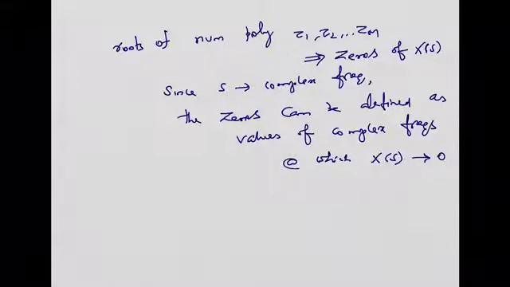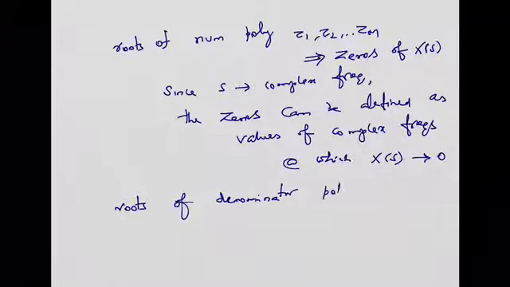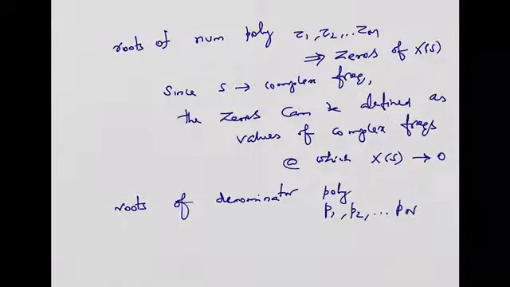So the roots of the denominator polynomial, what are they? p1, p2, p3, p4, pn are called poles. Poles of X of s.